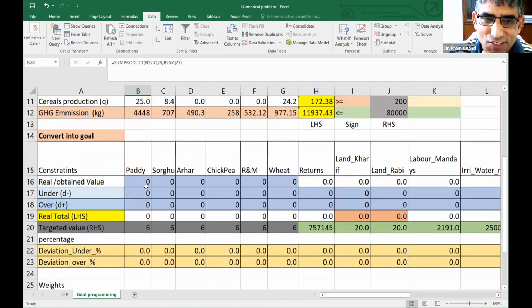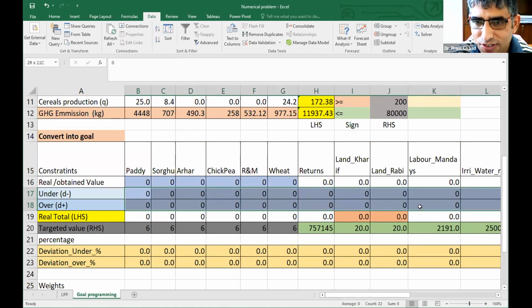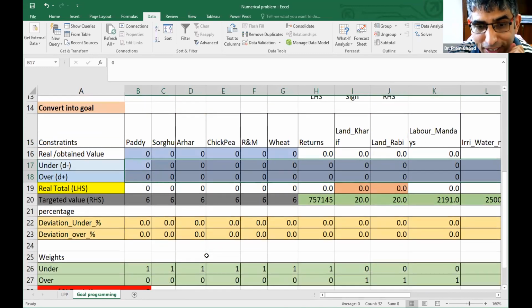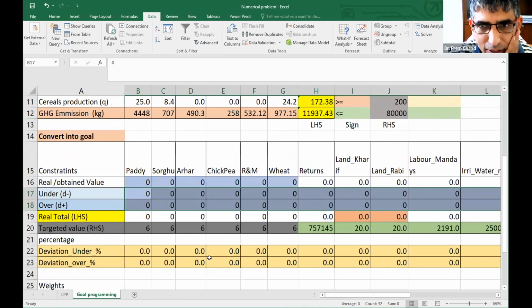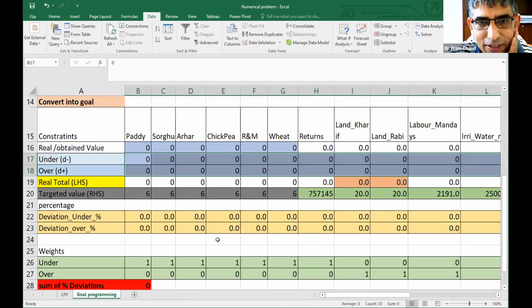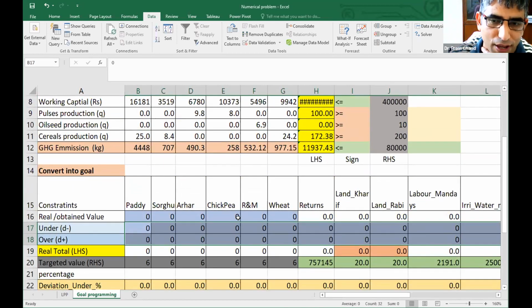By changing these decision variables, and also the under and over deviations, which I can accept because I have control over them. These also have become my decision variables because I can accept under and overachievement to some extent, but the weightage I have given is that I want to minimize these deviations. So I have transformed the LP into goal programming.